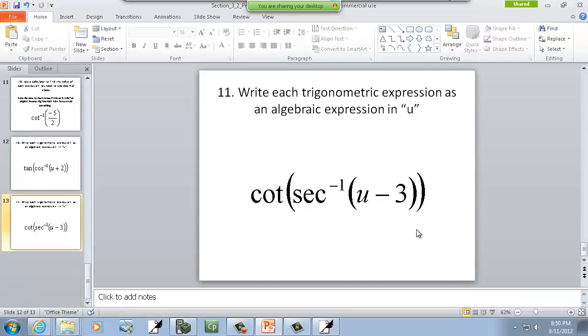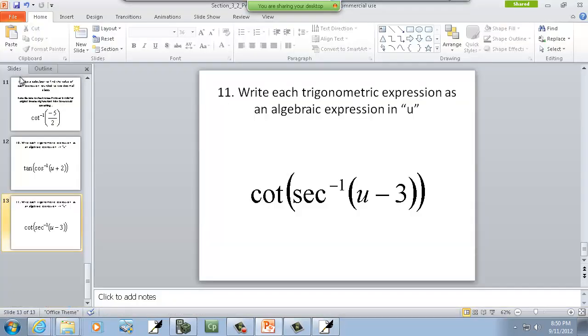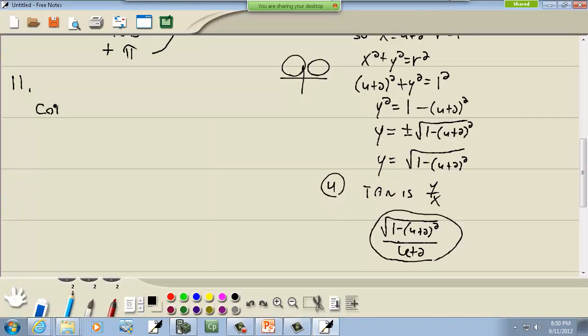Yeah, let's look at one more. So we've got cotangent of the inverse secant of u minus 3. Still those same 4 steps we looked at. Now our first step is to set the inner equal to a variable like p.